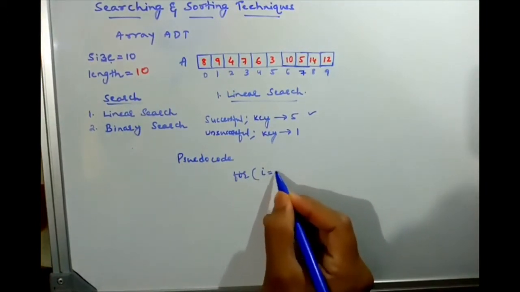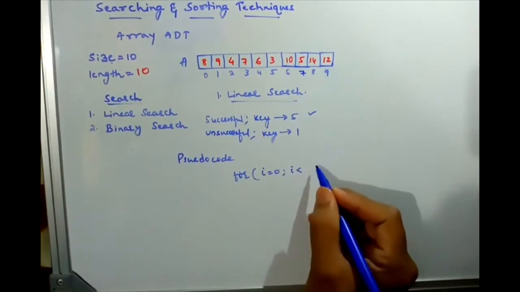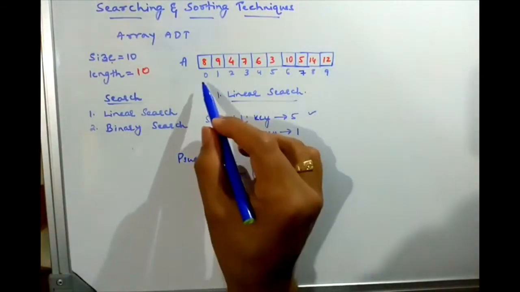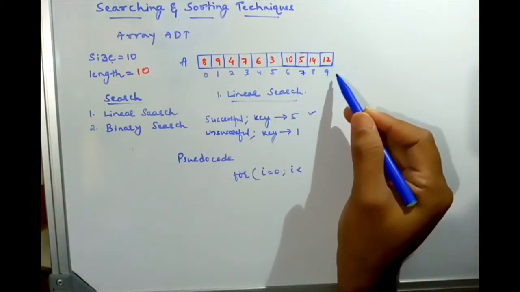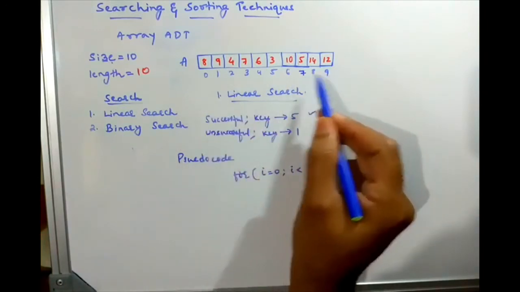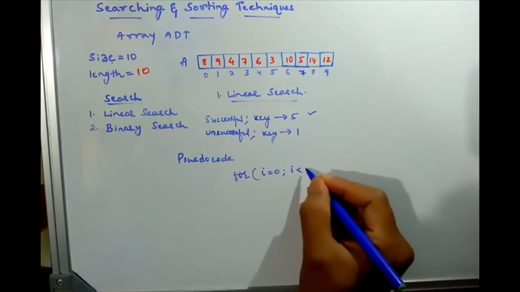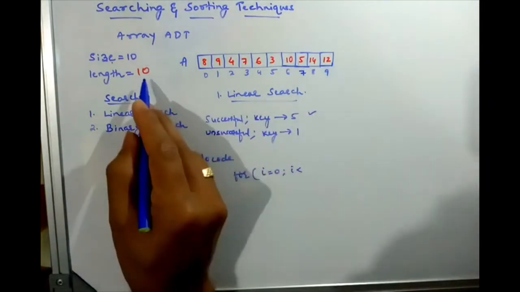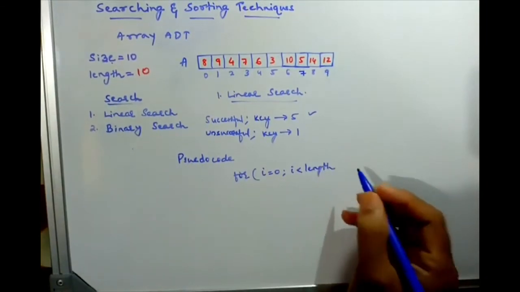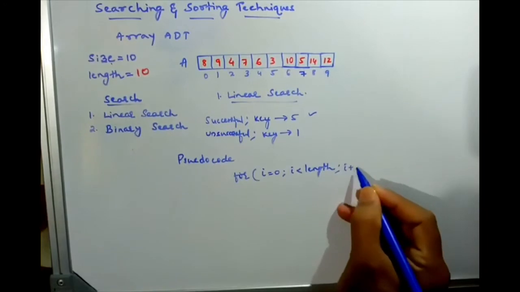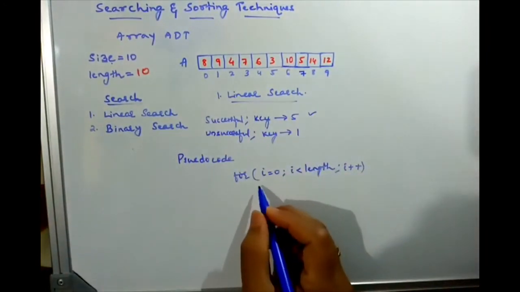So initially I will be 0, and the condition is I less than length, that is once it crosses 9, then it should come out of it. So 0 to 9 is 10, and 10 is the length. So I'll write length and I plus plus, because every time it has to increase.